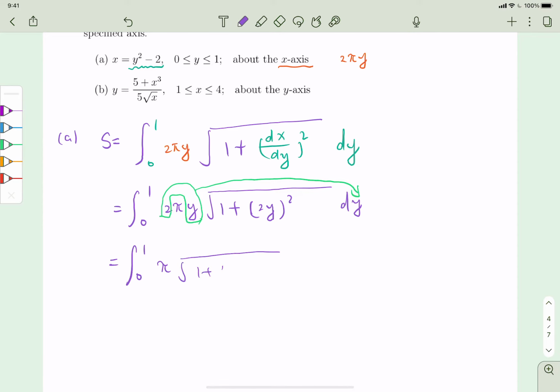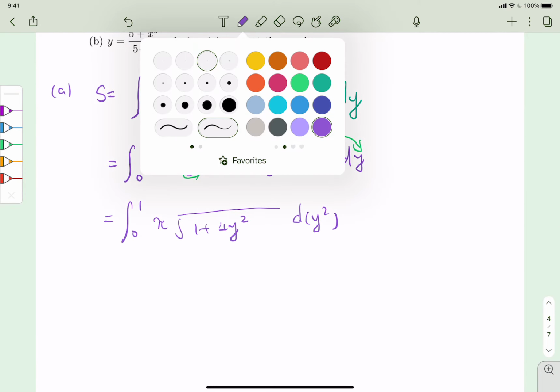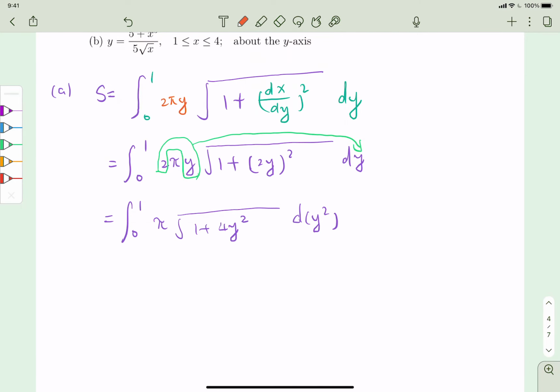Open this bracket for y squared. So I have now, this is y squared here into the differential sign. And then I compare the thing inside the square root and the thing inside my differential sign. They are different, right?